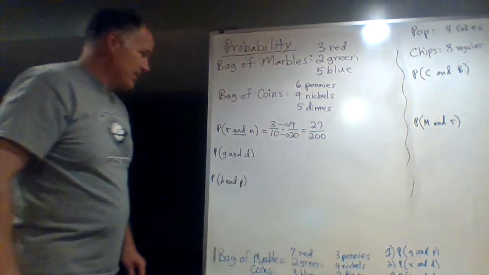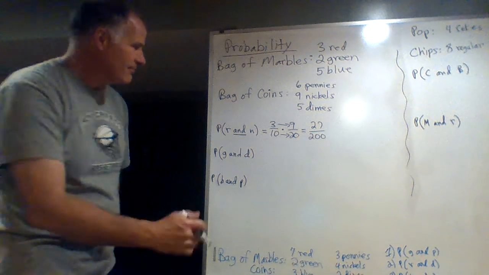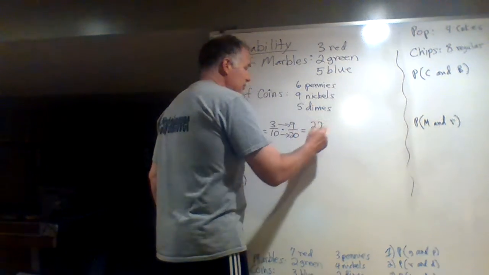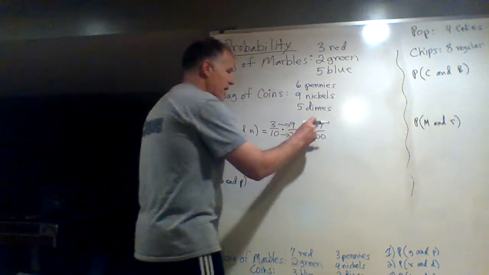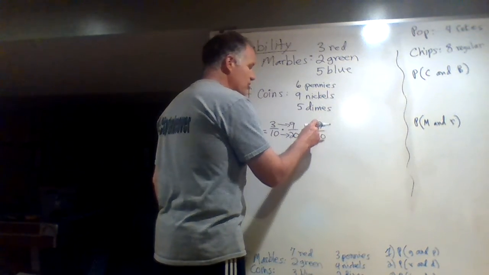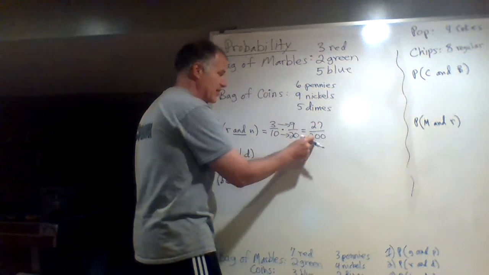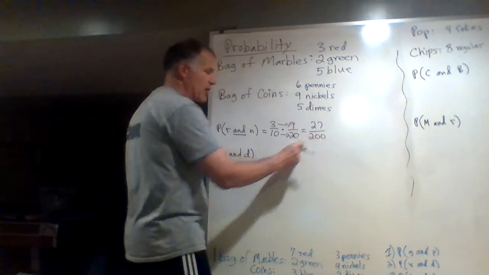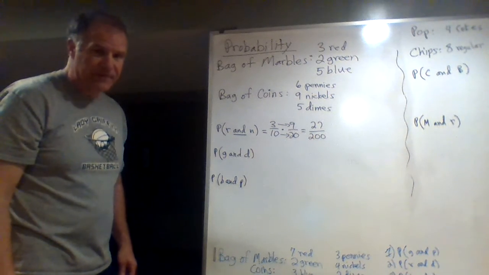And guys, that's the answer right there. So 27 out of 200. Now, if we could reduce this, we would have to try 27 and 200, but the only things that go into 27 are 9 and 3. 9 and 3 do not go into 200. Neither of those go into 200. So we're done. 27 over 200.